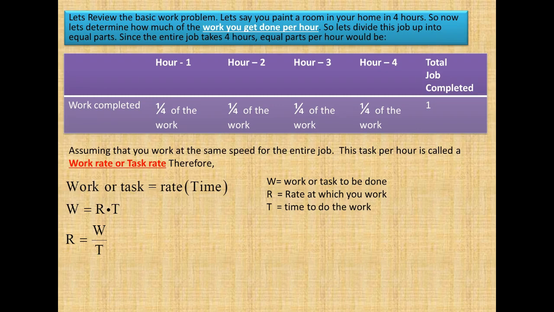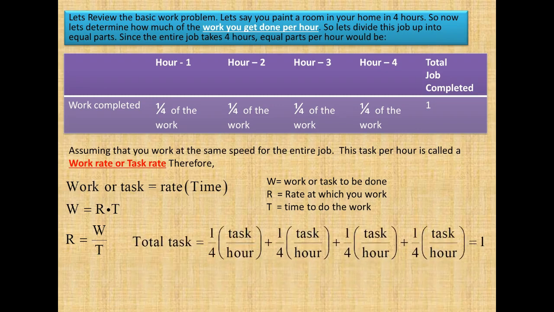So W is the work or task to be done, R is the rate at which you do the work, and T is the time to get the work done. So the total task is equal to 1/4 task per hour plus 1/4 task per hour plus 1/4 task per hour plus 1/4 task per hour, and that equals 1 if you add those up. Let's continue.